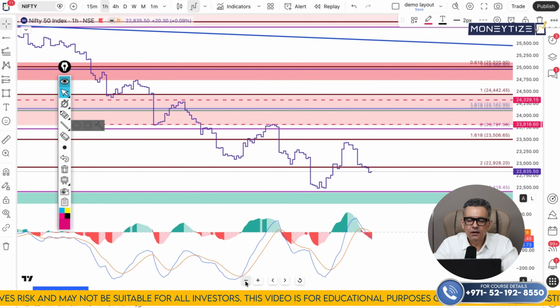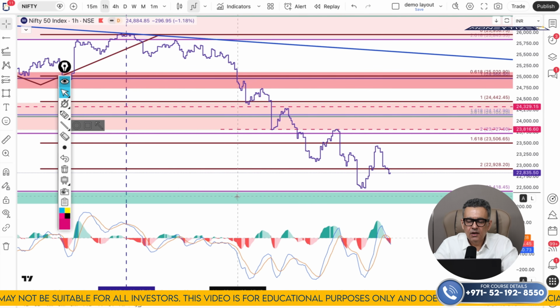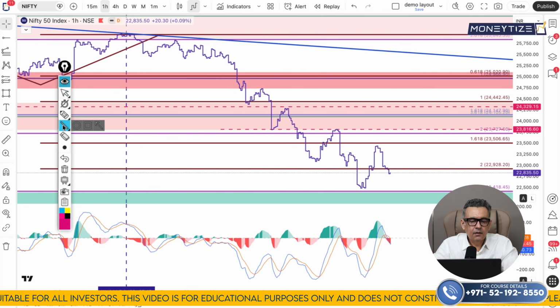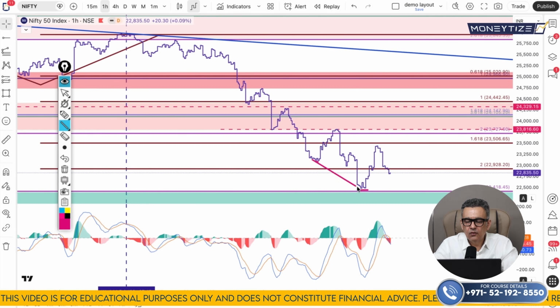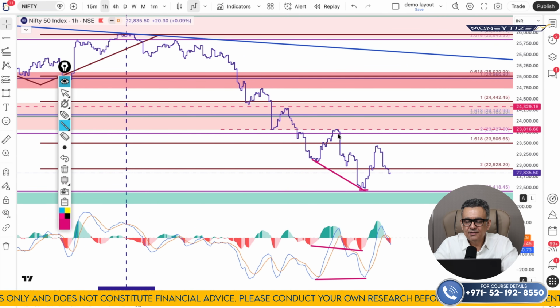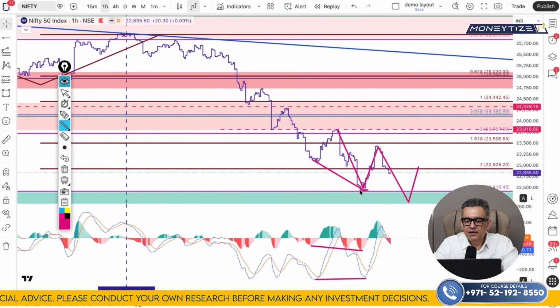Now, if you notice on the hourly chart, again between the last two lows, this is the L1 and this is the second low, so a lower low formation here, and here I do not see divergence, only on the 4-hourly chart, which means that there is a very high probability that there could be one more push low, a new lower low formation.